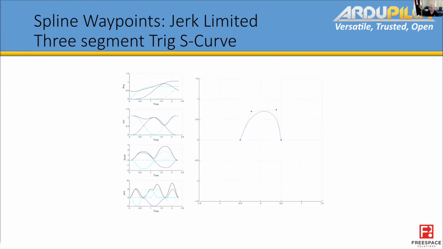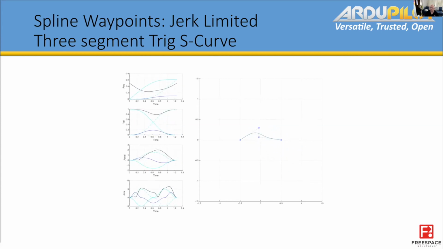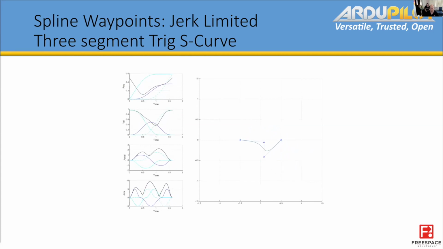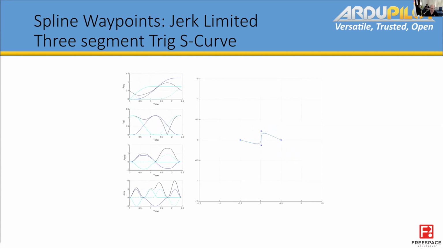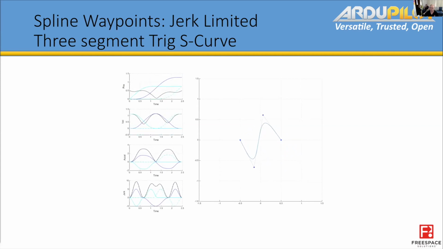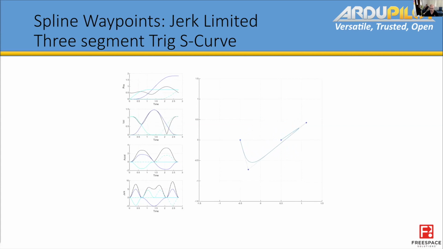Now, there's 3 S-curve segments here, and this is the jerk limited one. We're only moving by 1 meter, and so what we're limited by here is a curve that is limited by the ability of our aircraft to roll and pitch fast enough to follow that curve.